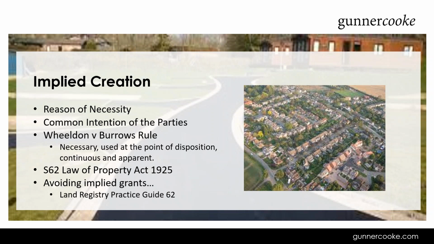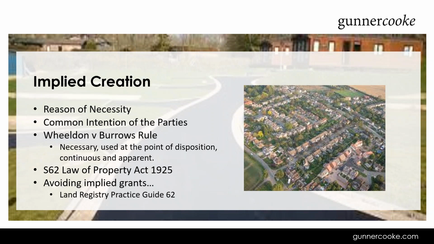It does deem a number of necessary general words into the conveyance, passing a wide range of common easements, the usual things you'd expect for utilities and so on. It does apply to both registered and unregistered land. There are some limitations.